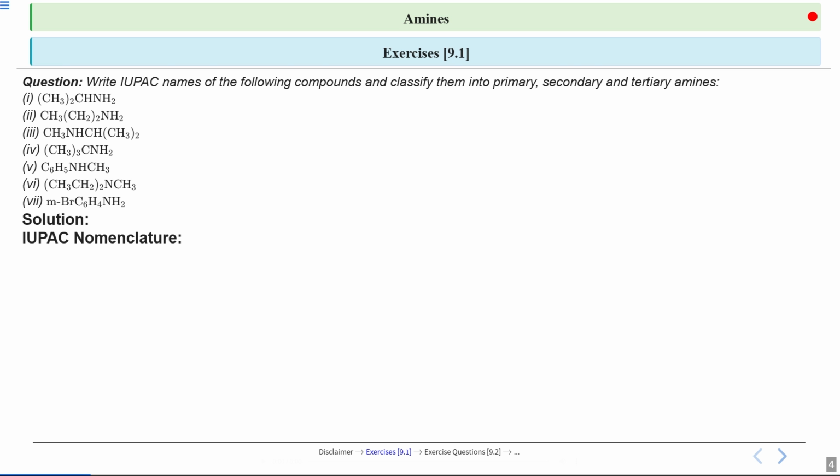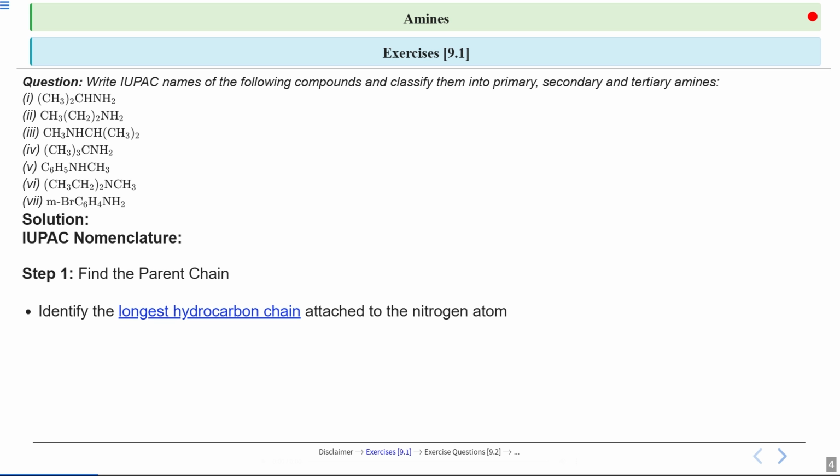First, we will see the set of rules that we follow for writing the name. Step 1 is you have to identify the longest carbon chain in the molecule as the parent chain. That means to name an amine, identify the longest hydrocarbon chain which is attached to the nitrogen atom.